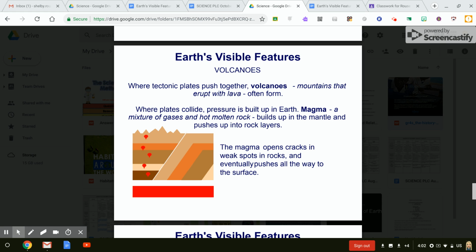So it's not the same thing with a volcano, but you can kind of think of it that way. When all of that pressure is built up, that mountain that is filled with lava erupts. So the magma opens cracks in weak spots in rocks and eventually pushes all the way to the surface, and that's when you have your volcanic explosion.